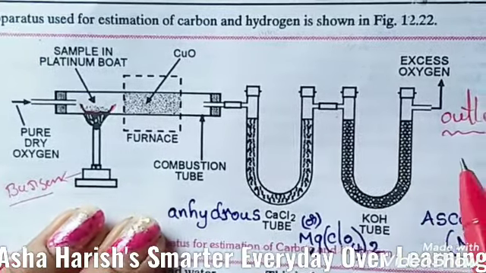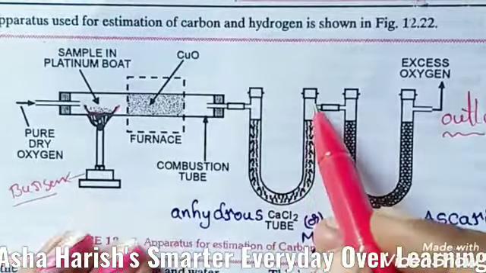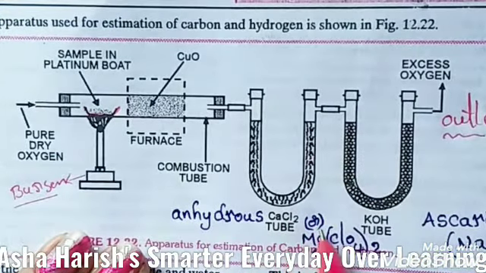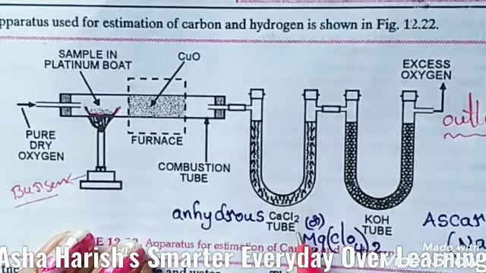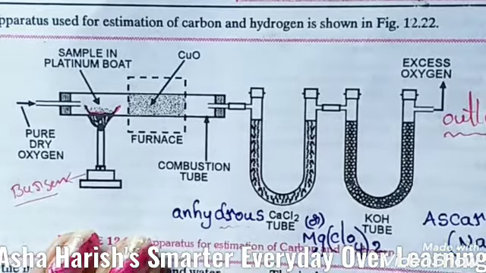In the first U-shaped tube you have to take anhydrous calcium chloride or magnesium perchlorate, Mg(ClO4)2. What is the use of this?